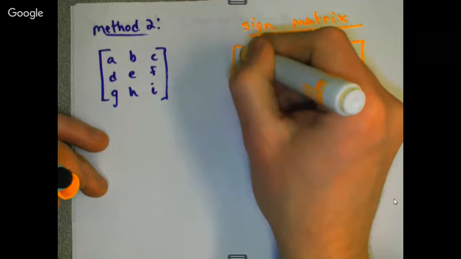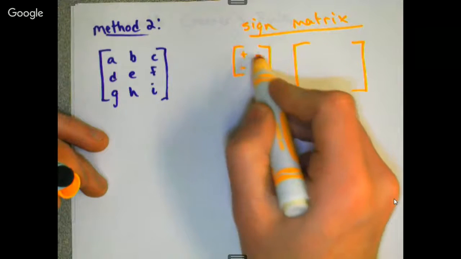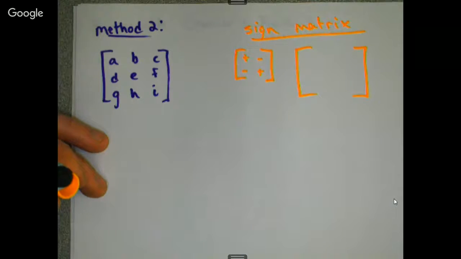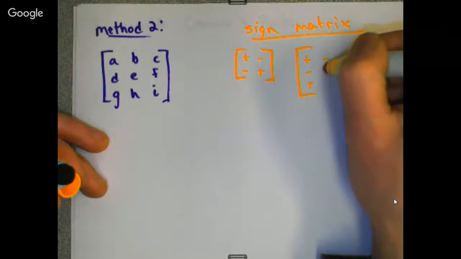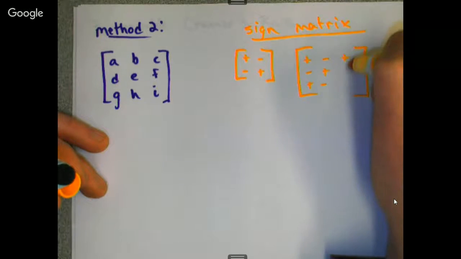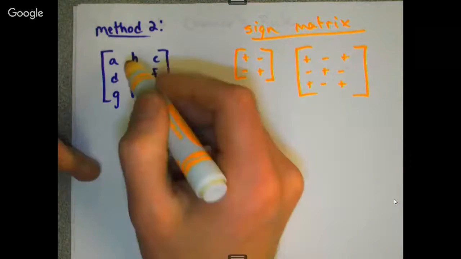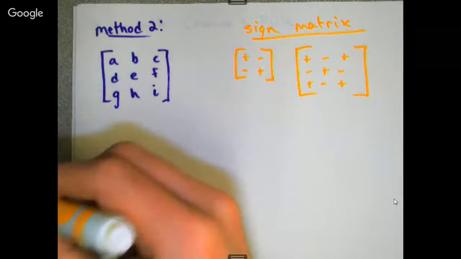So this one will be plus, minus, minus, plus, and we always start with a positive and they alternate in every direction. So for this next one, we'd have plus, minus, plus, minus, plus, and it would continue that pattern forever. And that helps us in figuring out whether to add or subtract these matrices.